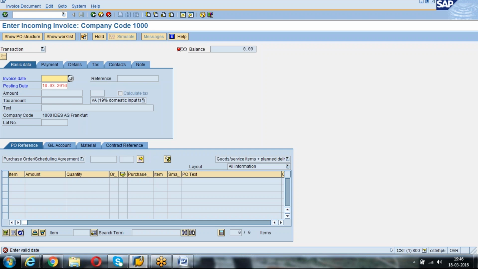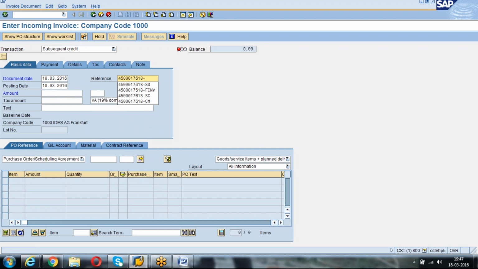In that circumstance, we can discuss with the vendor, and I'm going to send a subsequent credit. You just adjust that amount, because among 500 materials, around 50 materials are not working up to the mark. That's why for each material, at least 10 rupees, 10 euros, whatever the currency, 500 I'm going to send as a subsequent credit.